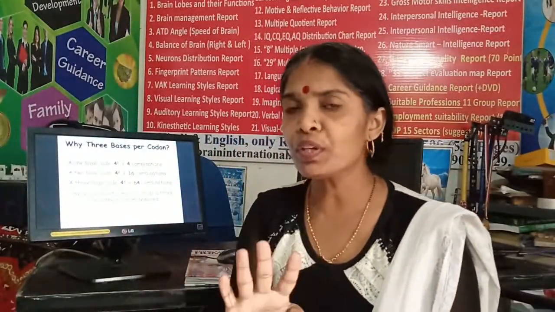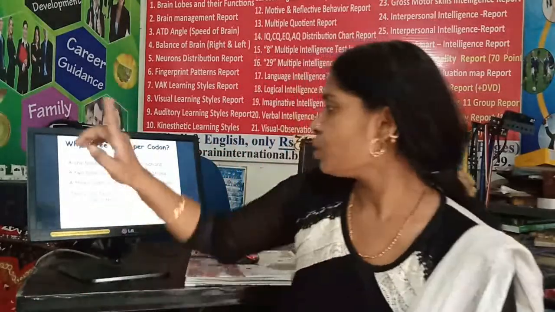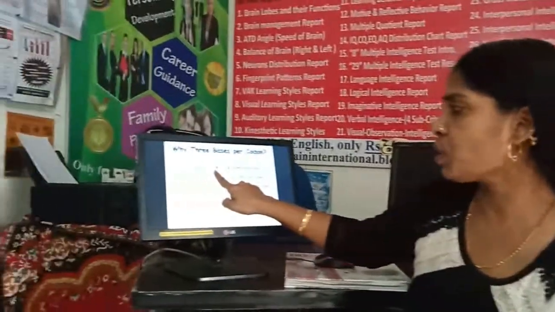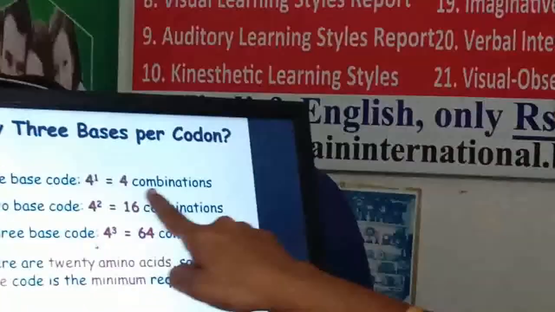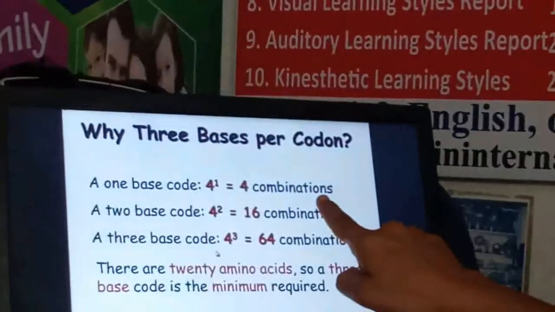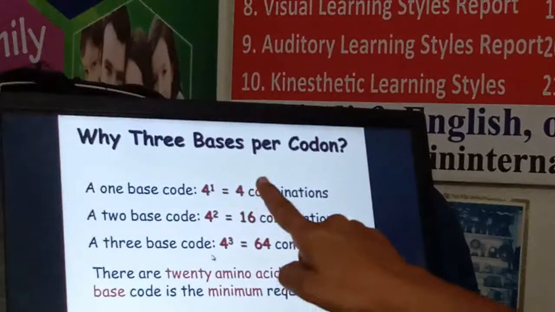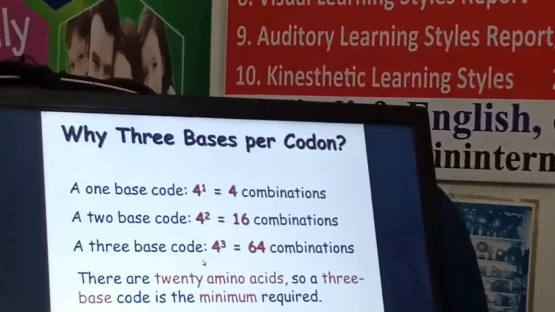So is it possible to code 20 amino acids by only 4 bases? With one base, that is 4 raised to 1, we get only 4 combinations, meaning only 4 amino acids will be coded.